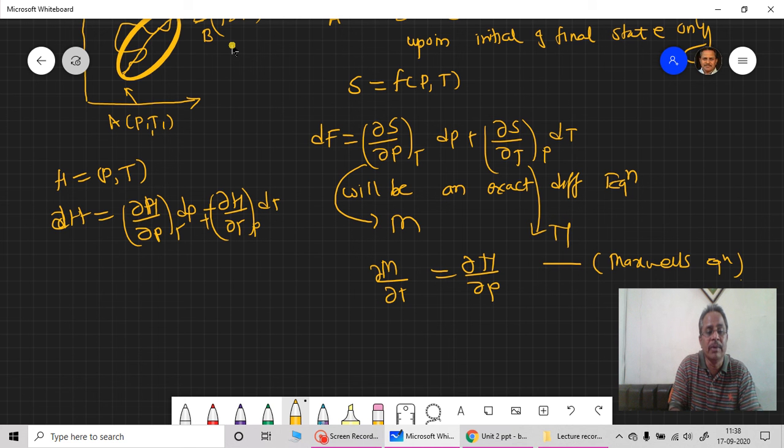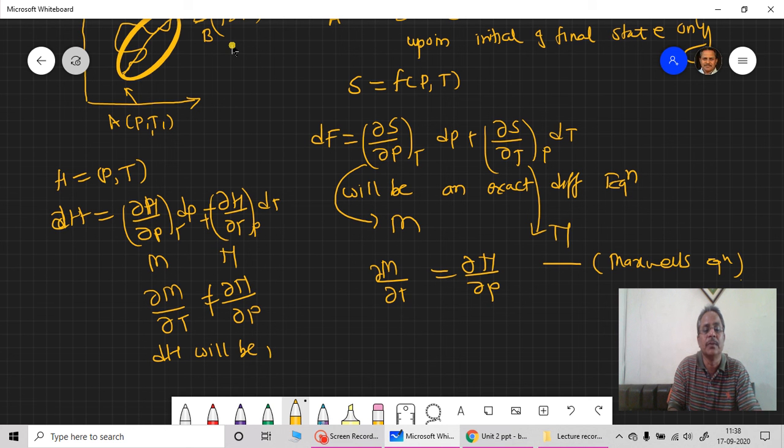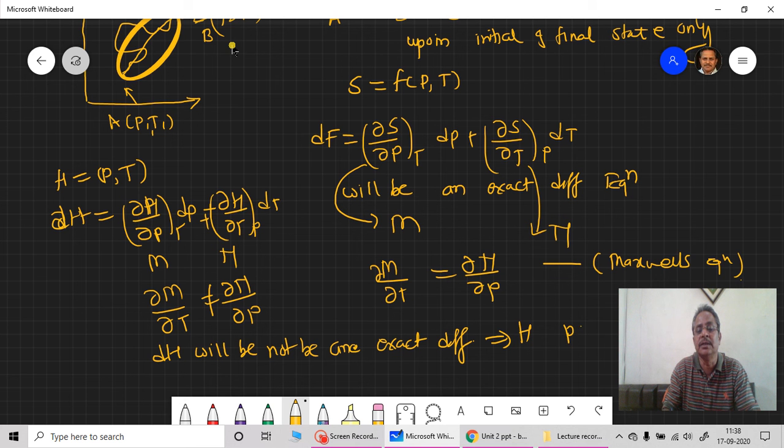Here also, call this M and this N, differentiate M with respect to T and N with respect to P. If they are not found to be the same, then dH will not be an exact differential, and therefore the corresponding H is path dependent.